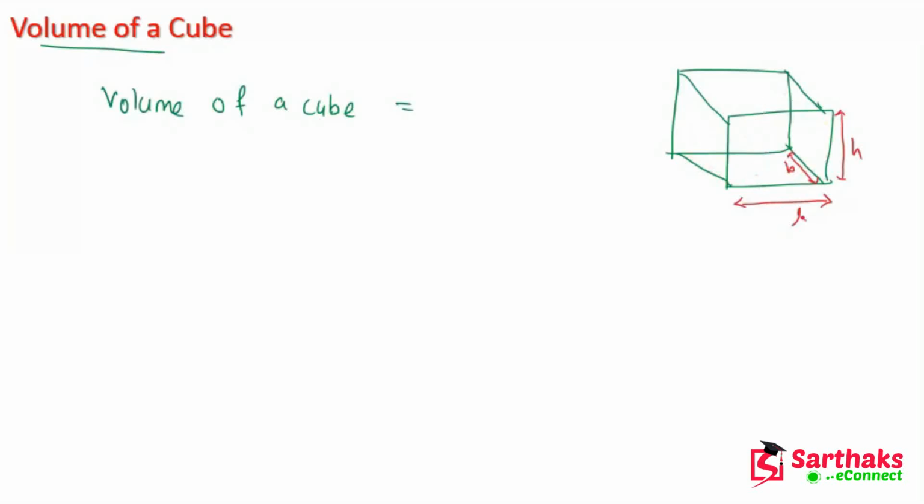It means if this is A, then all the edges of the cube are A.